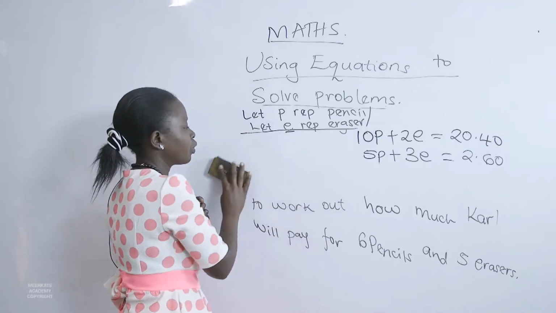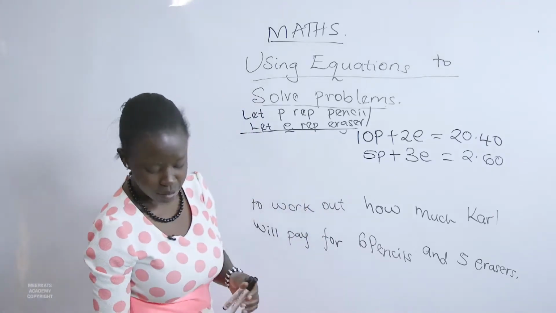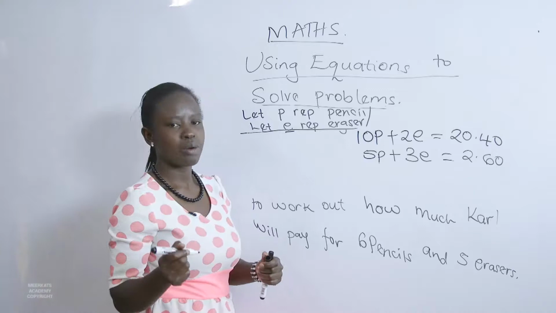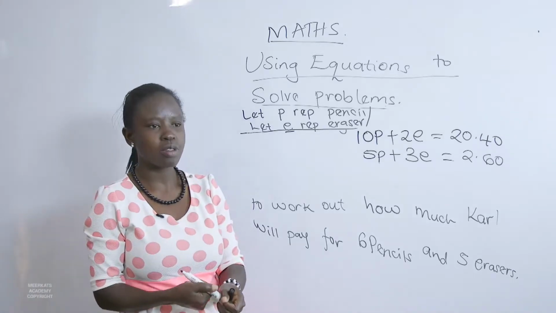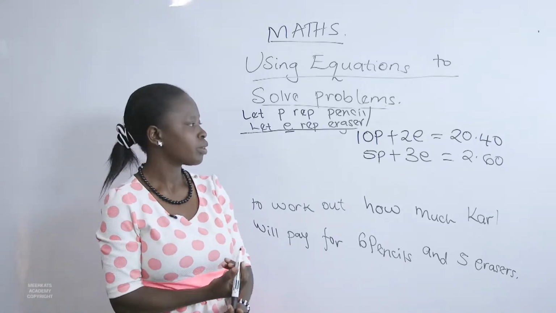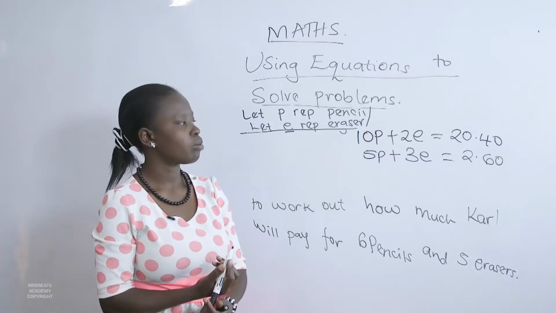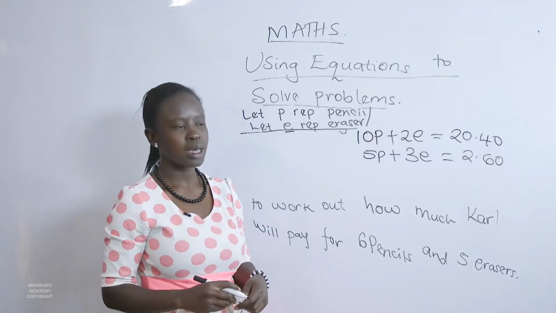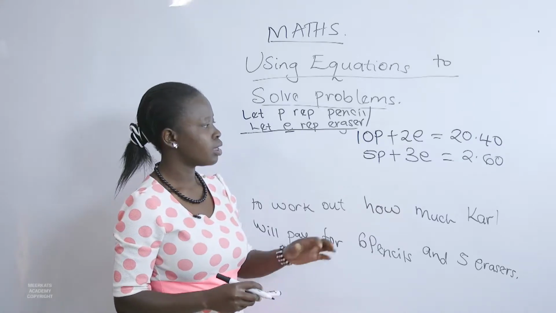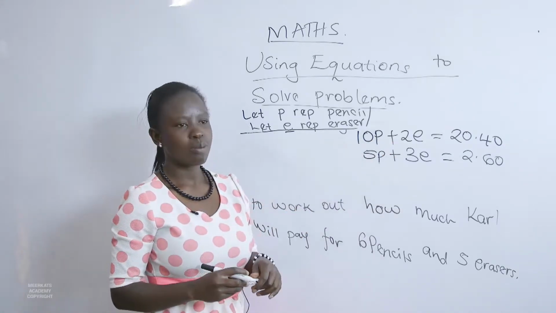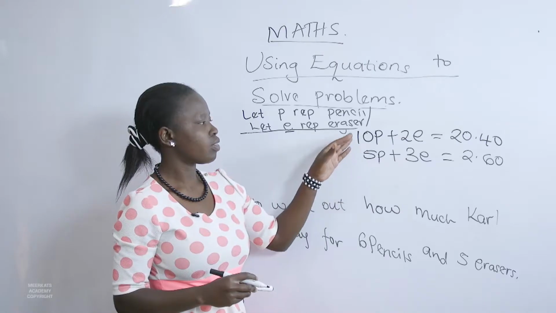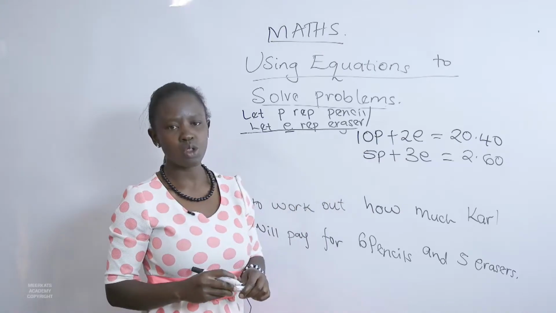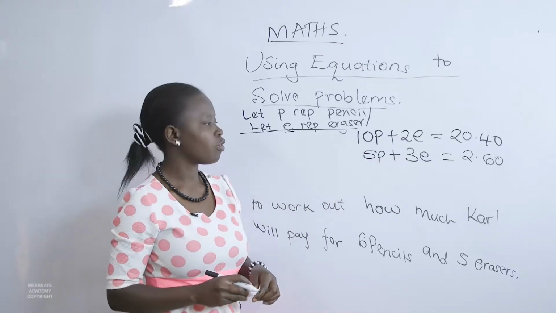So, having these 2 equations, I want us to solve using the elimination method. With elimination, we have to make one of the pronumerals, either in the first equation or in the second equation, have equal coefficients.